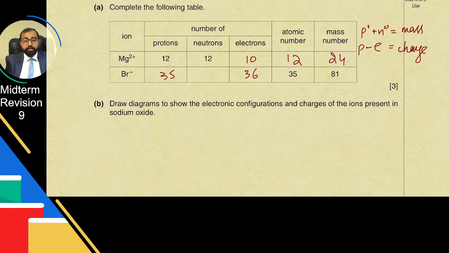Proton number is the same as the atomic number, and neutrons are going to be 81 minus 35. So this one I guess is 46, sorry 46. Is it? I need a calculator. Yeah, 46. Always double check, okay? जल्दी में आंसर नहीं देते.